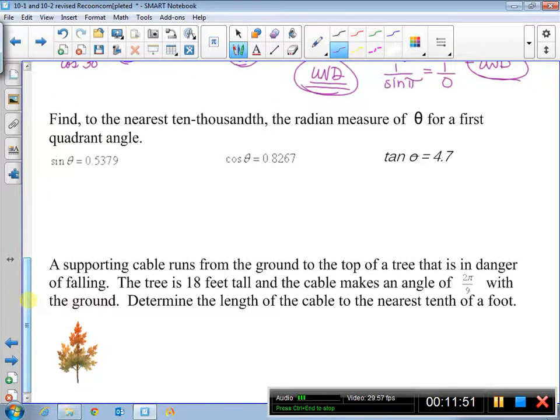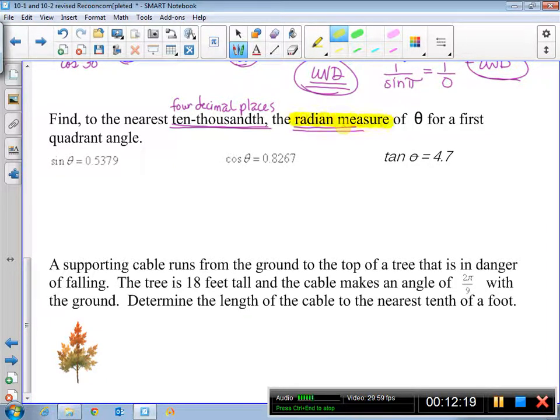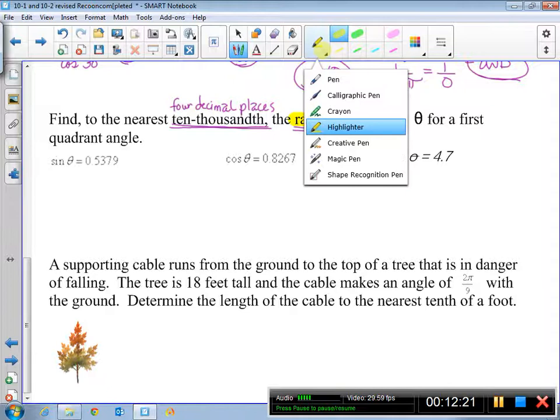All right. Find to the nearest 10,000th. That's 4 decimal places. The radian measure of theta for a first quadrant angle. So you gotta read carefully. It's always important.